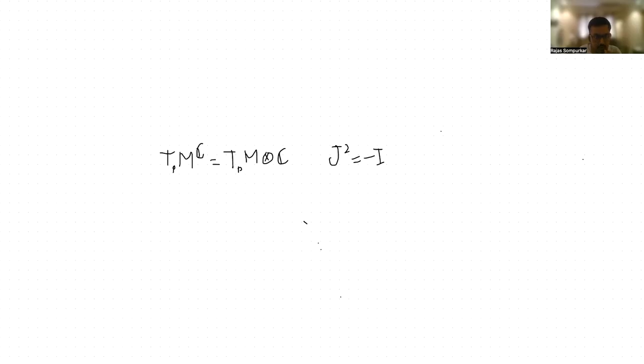The square root of -1 eigenspace is what is called the holomorphic part, and the minus square root of -1 eigenspace is called the anti-holomorphic part.